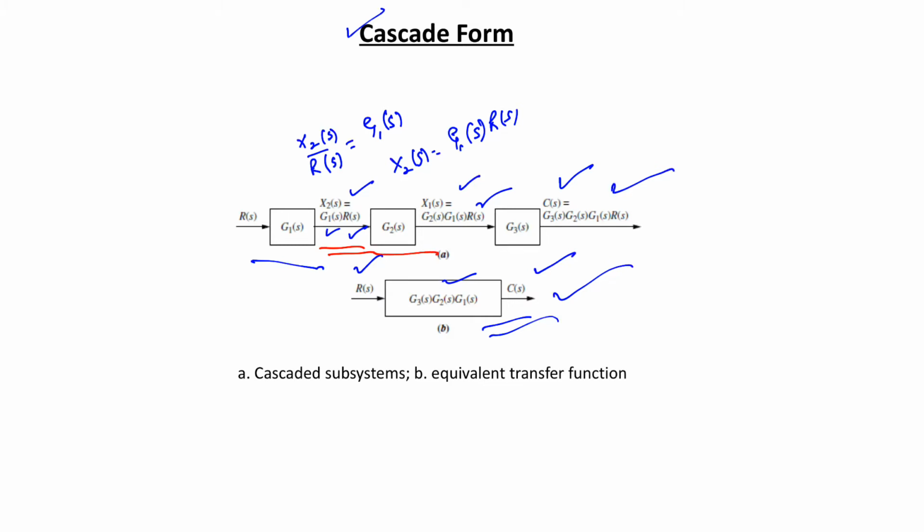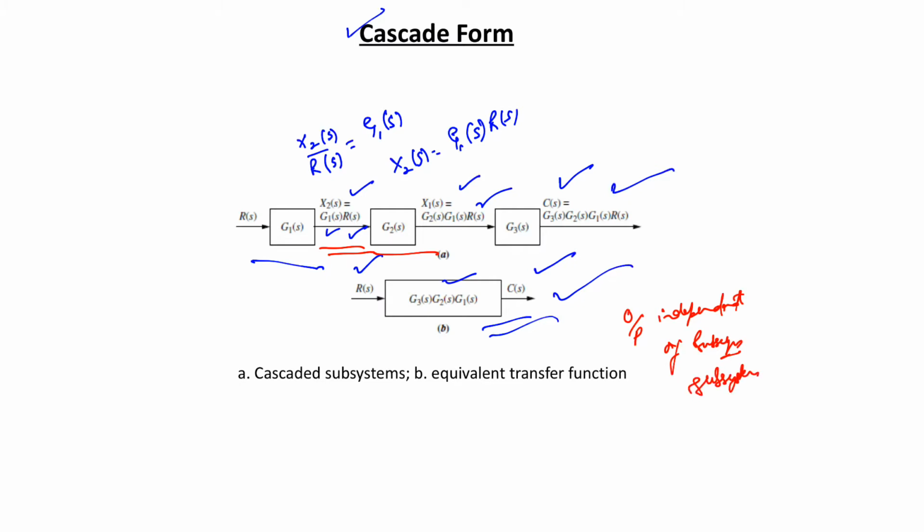It means that the output remains the same whether or not the subsequent subsystem is connected. That is, the output is independent of subsequent subsystems.